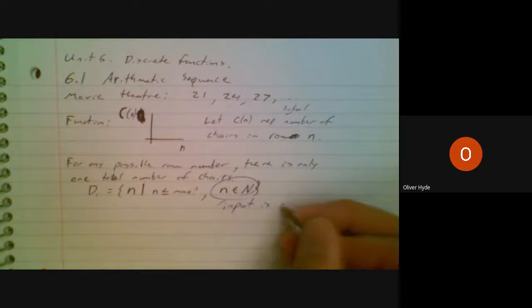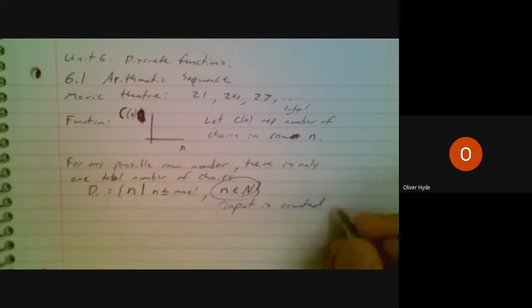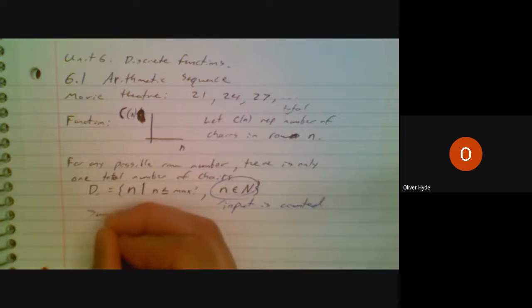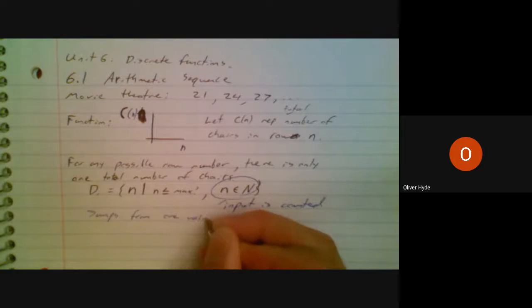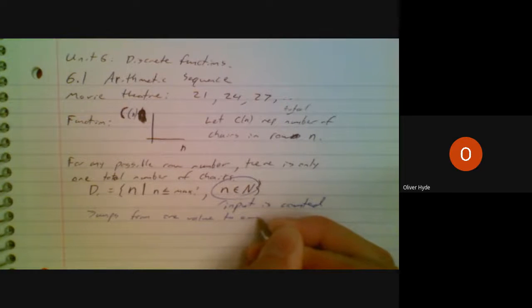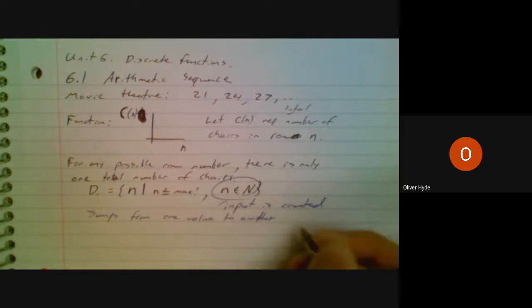Input is counted. It jumps from one value to another. And basically it is a member of the natural numbers.